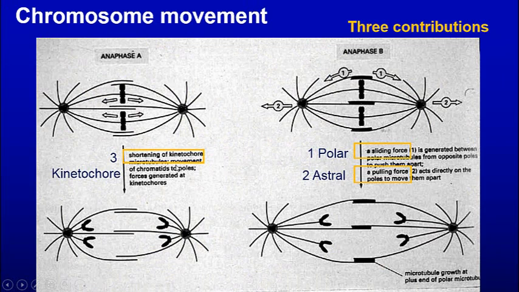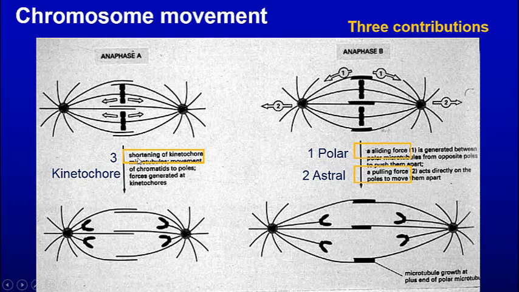So you have shortening of the kinetochore microtubules, which pulls it along. You can see where this is shorter here than it was over there. And then the polar microtubules are pushing one another apart. So they're pushing the poles apart. The aster microtubules are pulling the centrosomes apart.